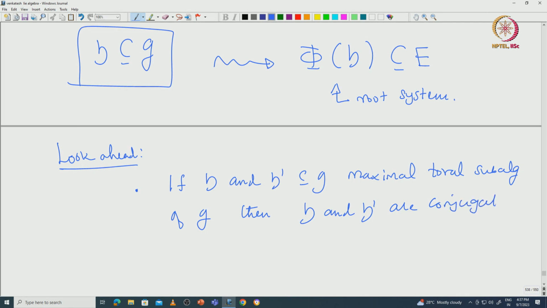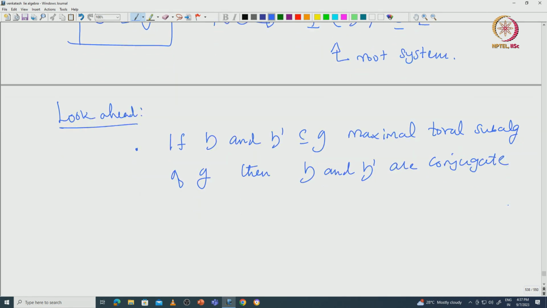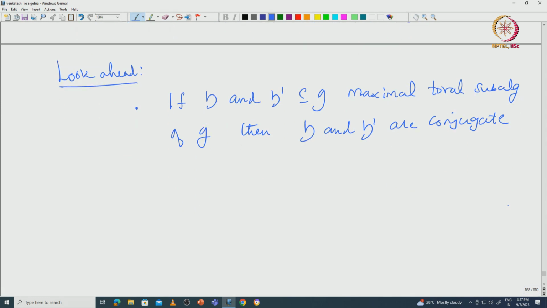Conjugate means there is an automorphism of G that maps H to H'. Again, this automorphism can be chosen from inner automorphisms. So, they are conjugate under some inner automorphism of G.